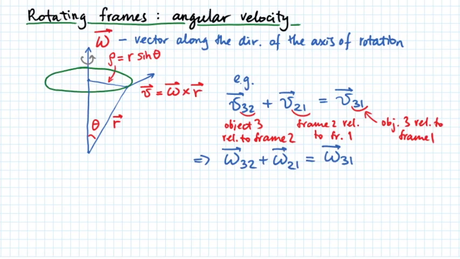Another important advantage is that we can write velocity for any point described by vector r in a very compact form, that velocity will be angular velocity cross vector r. So this is both very useful and compact.